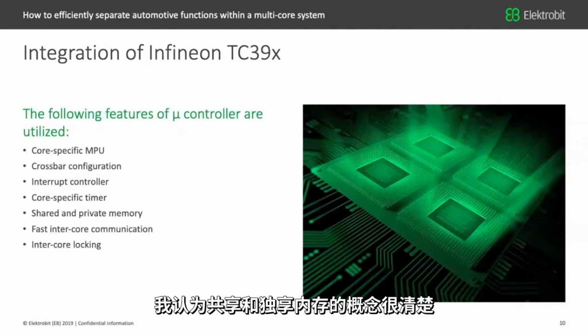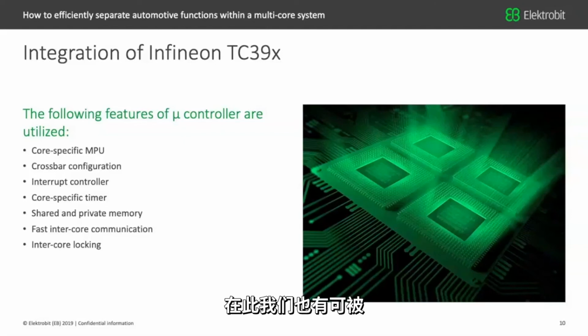Shared and private memory, I think it's clear. Here we also have sections which can be accessed by both virtual ECUs, and then they are mapped in the correct way in the MPU settings.